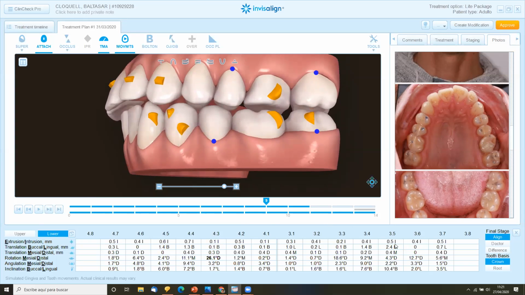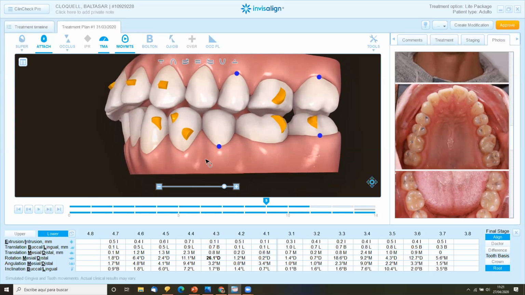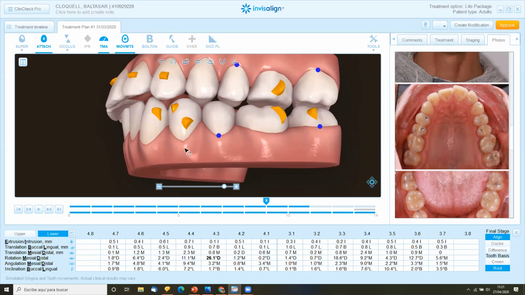If you go to the table, you see that the root is supposed to move 1 millimeter mesially with plastics. This is really hard. And it's not only hard and it has no point. The thing is that, of course, we don't want it. This is one of the most common mistakes that we can see in our clinics, okay? Those kind of mistakes. But look, there's no point here.